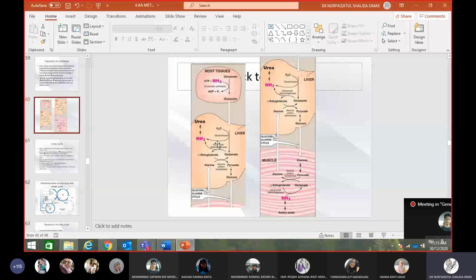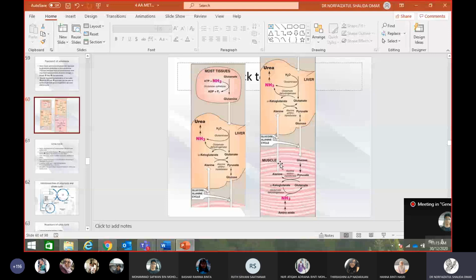This reaction also involves oxidative deamination. Whereas in muscle, it is called the glucose alanine cycle. In the glucose alanine cycle, alanine goes to the liver.